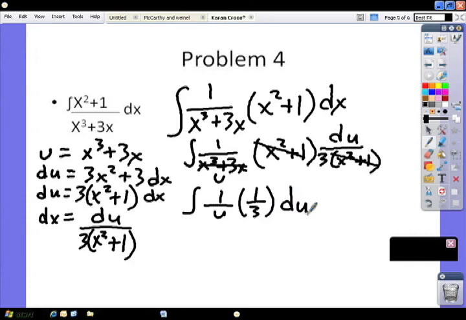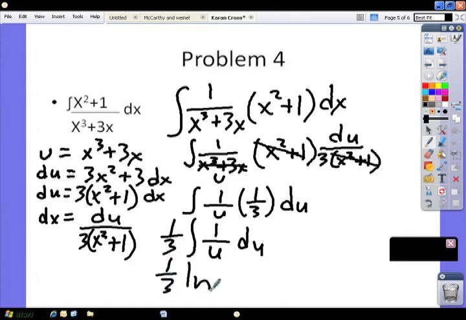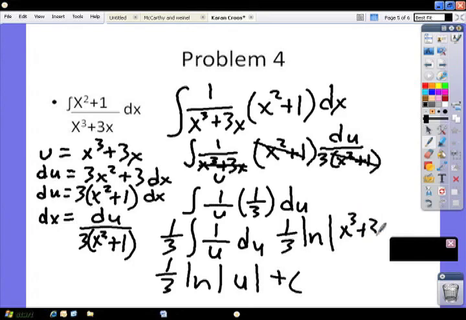What you do next is you take out the 1/3 and you get the integral of 1 over u du, and then after that the integral of 1 over u is ln absolute value of u plus c, and then the final answer you should get is 1/3 ln absolute value of x cubed plus 3x plus c.